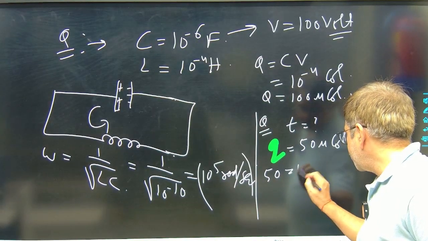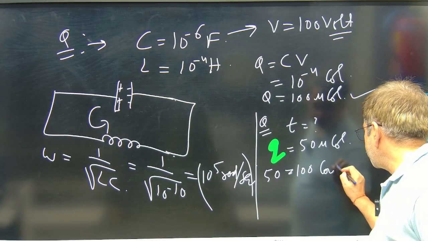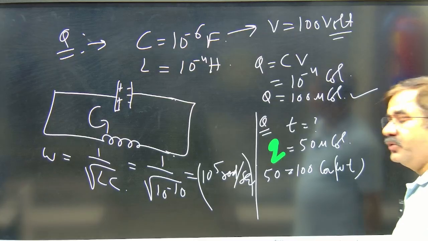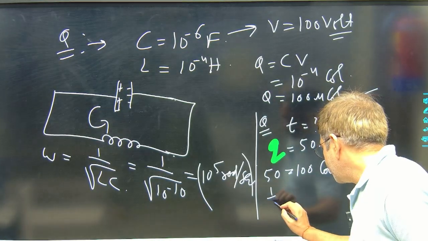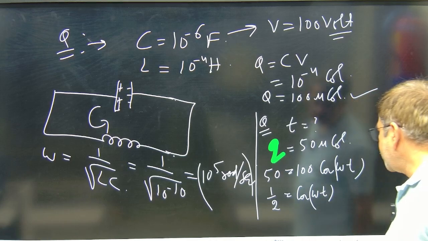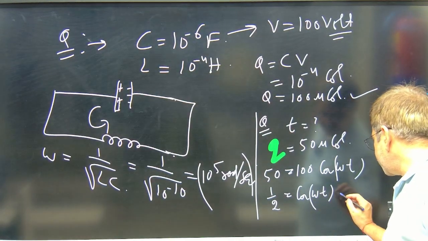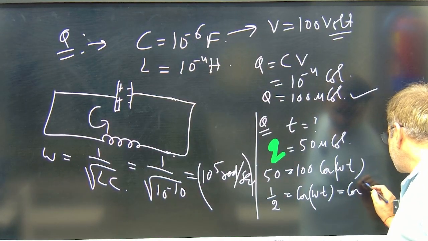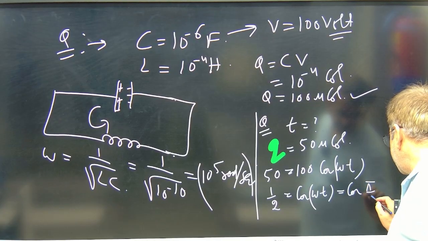Charge is 50 microcoulomb, so 50 is equal to 100 into cos omega t. I will get it as 1 by 2 equal to cos omega t. I know the corresponding value will be cos pi by 3, because cos 60 degree is half.